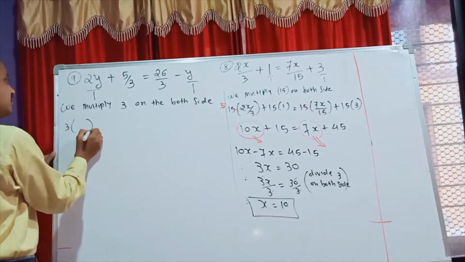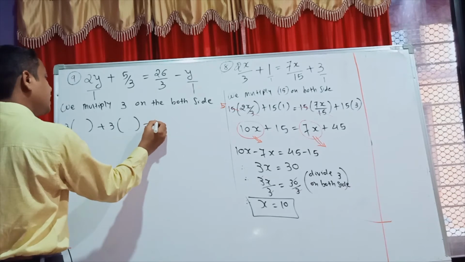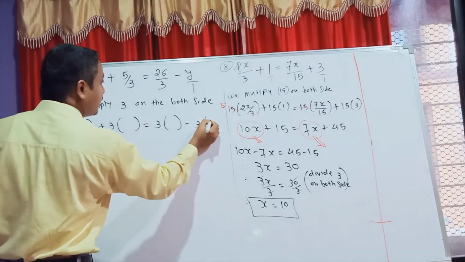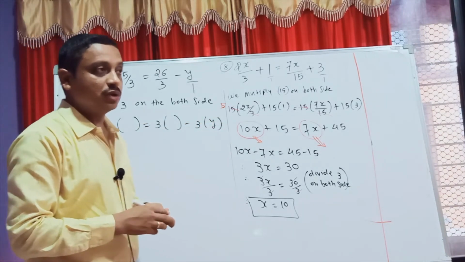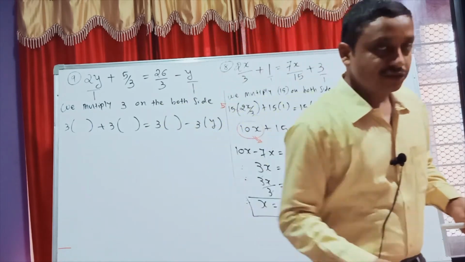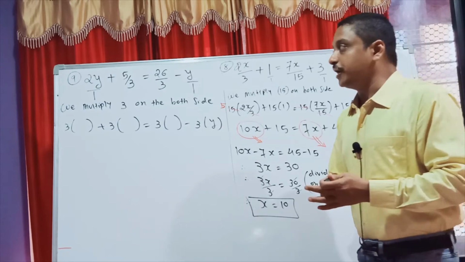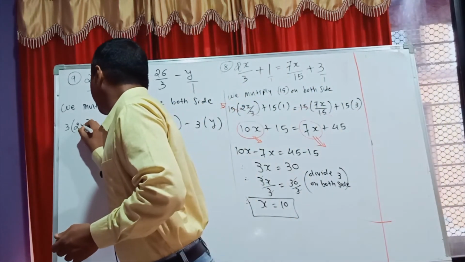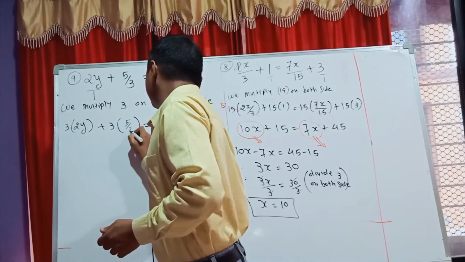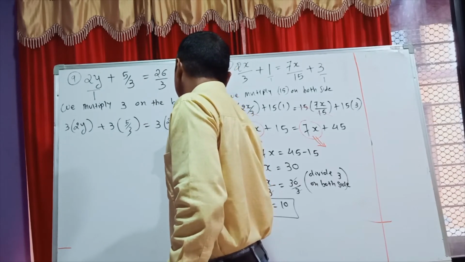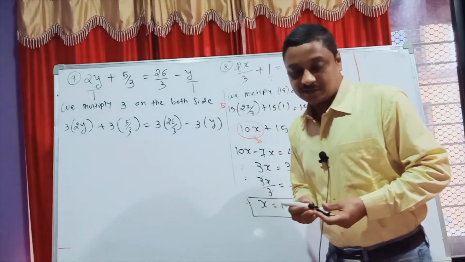So here first 3 multiplies, similarly second, similarly third, and the same for our last one. Just take the LCM 3, 3, 3, and the internal data is the same: here 2y, here 5 by 3, here 26 by 3, and here y is as it is.